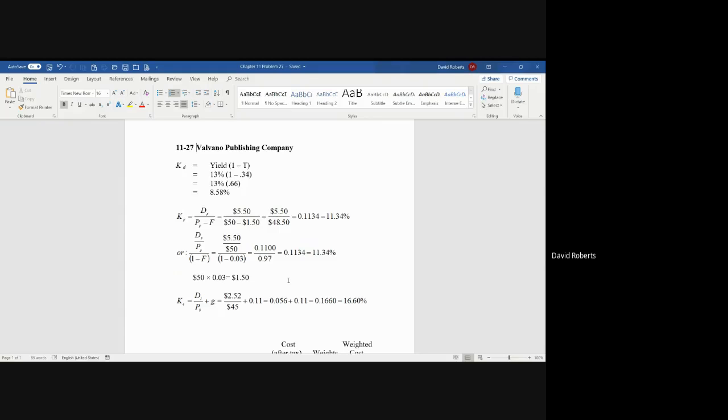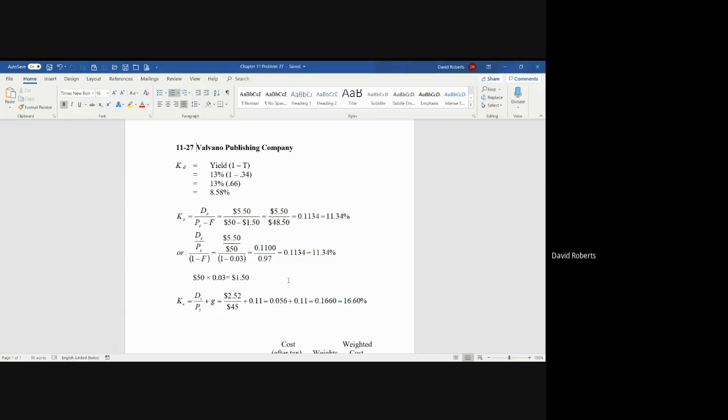Now, in this particular case, you can also do it as a percentage, which is one of the biggest reasons I'm showing you this problem compared to problem 11-24. You can also do it as a percentage, and you see the formula, the 3%. So in this particular case, you wind up with the same number, and you always will.